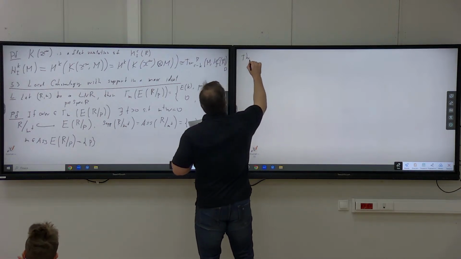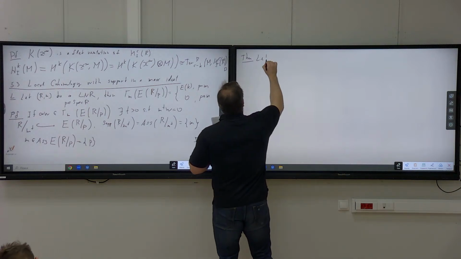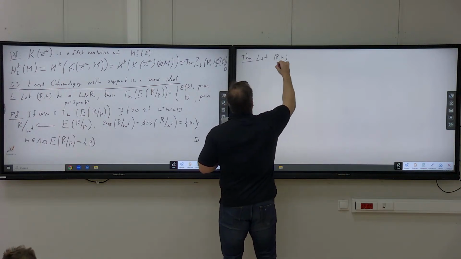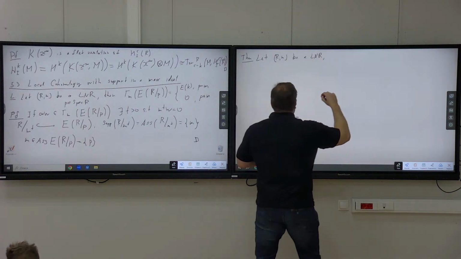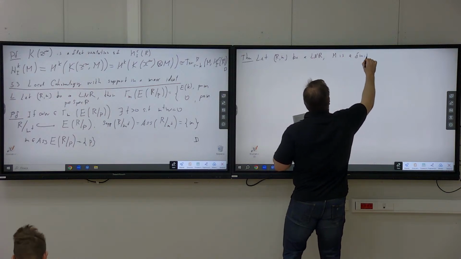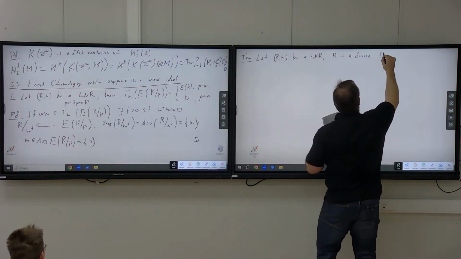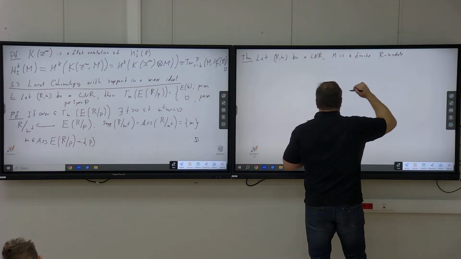So, theorem. Let (R, m) be a local Noetherian ring. M is a finite, now this is important, finite R-module.